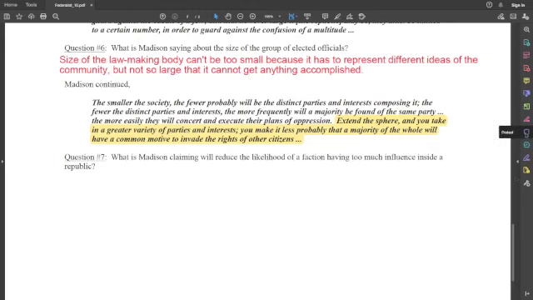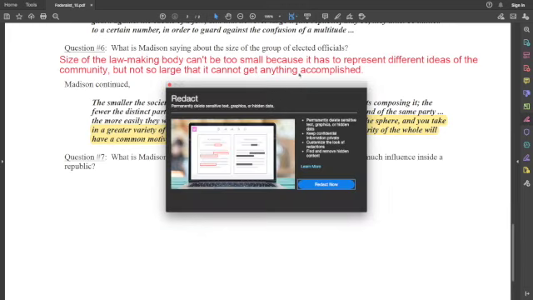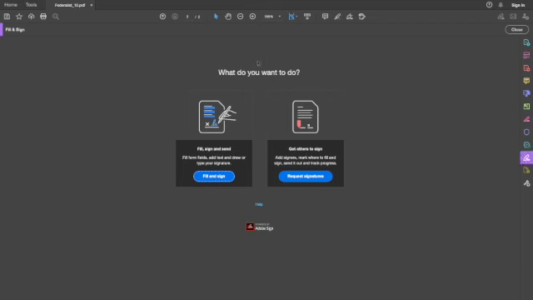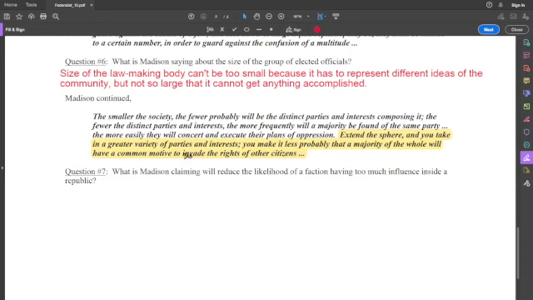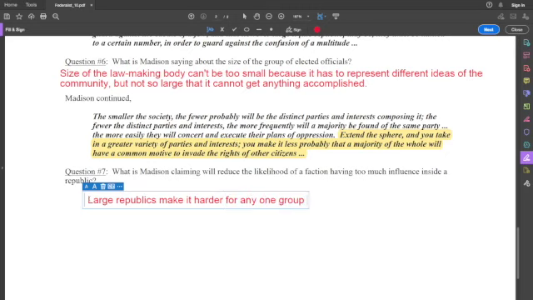I want to fill and sign here and add one more comment in here. Large republics: it's harder for any one group to gain a majority because there are so many different interests.